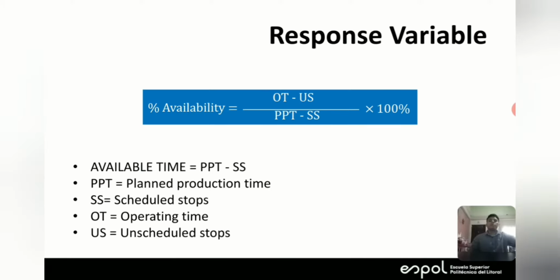Response variable: the response variable relates the times that we are studying. In this case, it will be the scheduled stop time, planned production time and operating time. Decreasing the scheduled stop, which includes the time of changeovers and cleaning, will increase the percentage of availability.